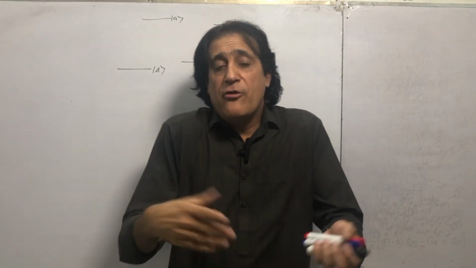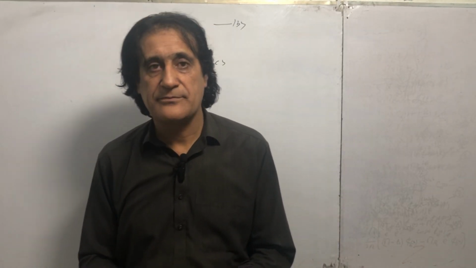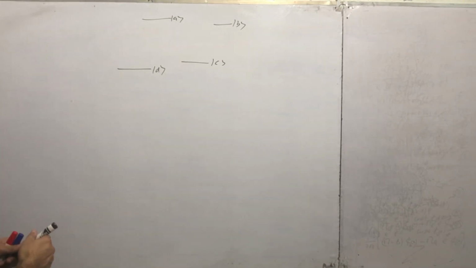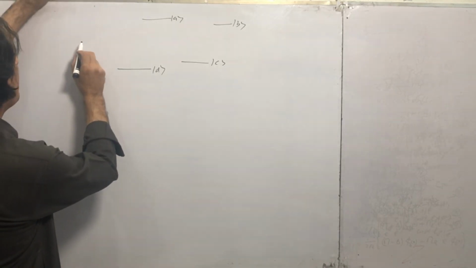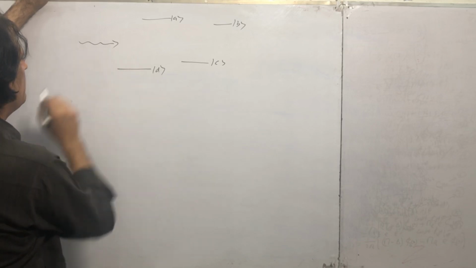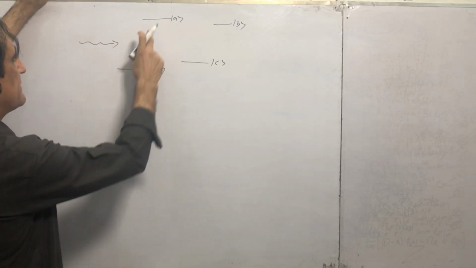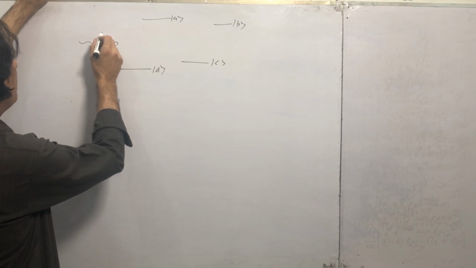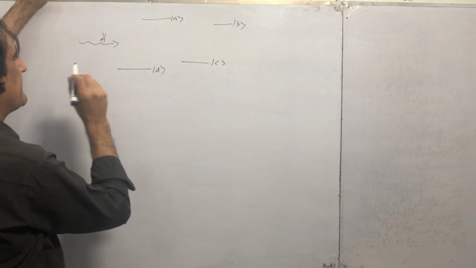Now consider a 4-level atomic system. And here in a 4-level atomic system, a field from this side is interacting with A and D, and it has some frequency ν1.